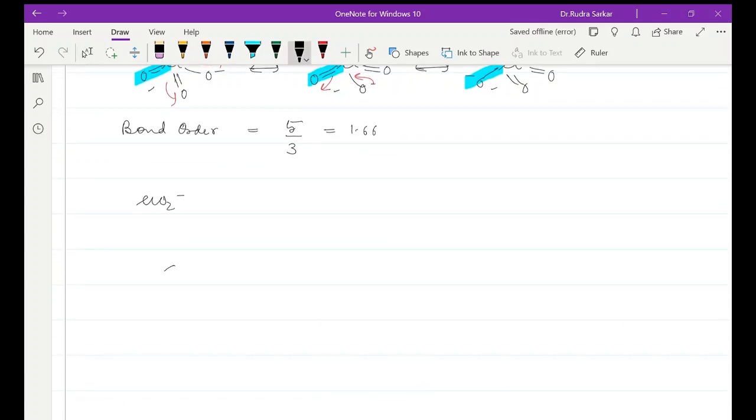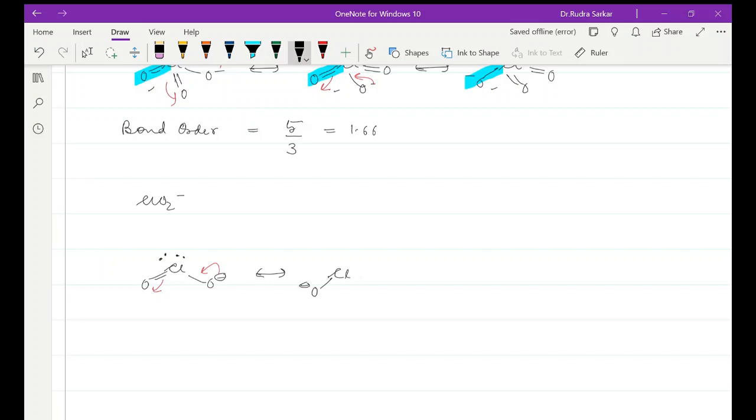Again, the resonating structure, these are your two lone pairs. Okay, so again we will use the Lewis dots to represent lone pairs, and as we can see over here, the other resonating structure will be what?